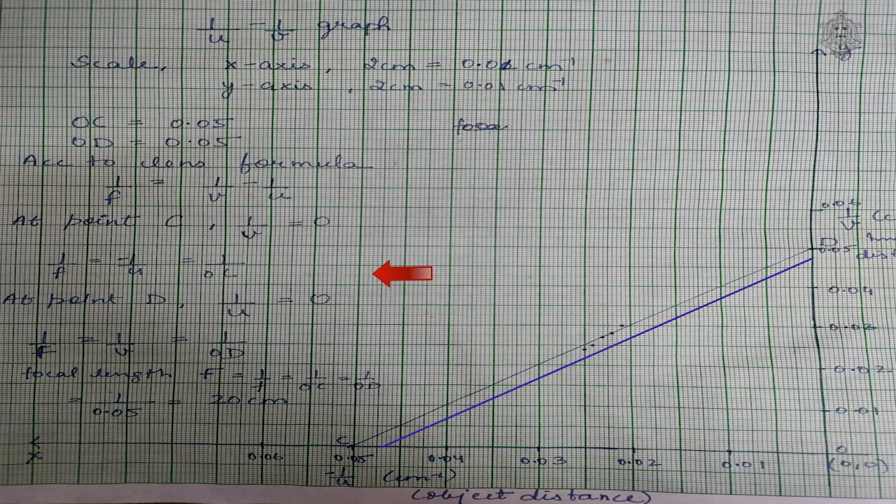So 1 by V is 0 and 1 by U is equal to this value. So your 1 by F is calculated to be 20 point something, and similarly for the y-axis 1 by V is this and 1 by U comes to be 0. So 1 by F is equal to 1 by V and the value comes to be 20 point something. So this is how you have to draw both the graphs for your respective readings.